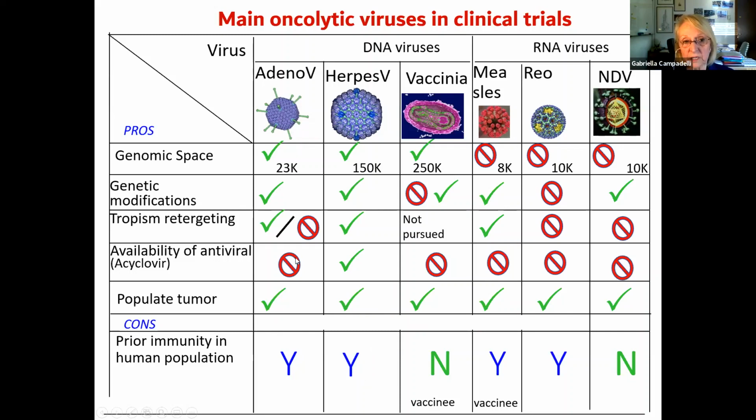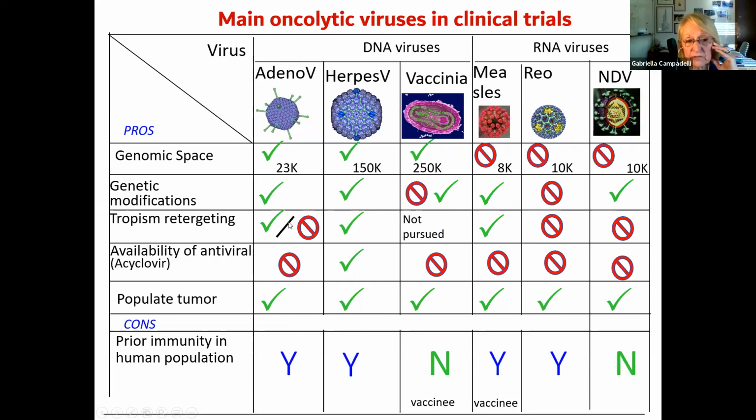Now, if we look, for example, at adenoviruses, which are the most frequent oncolytic viruses now in clinical trials, they still have a genome big enough that it can host some transgenes. Genetic modification can be achieved.